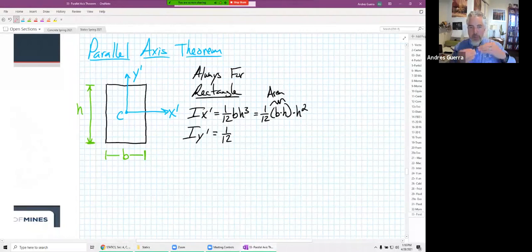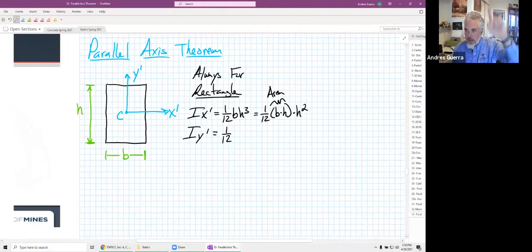Now, which dimension describes how far away we get from the X prime axis? It's the H dimension. That describes how far we get away from that axis. So remember, it's the second moment of area, and area further away from that axis means that our moment of inertia goes up. It's higher. It's a larger bending stiffness.